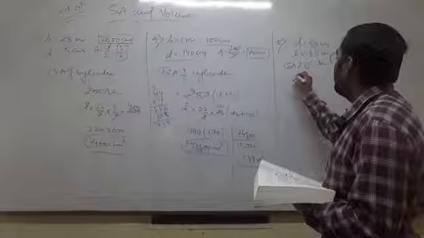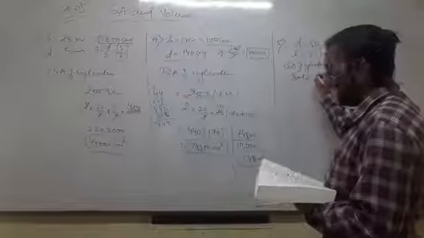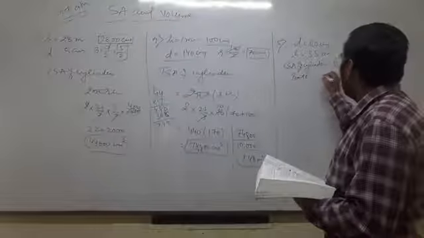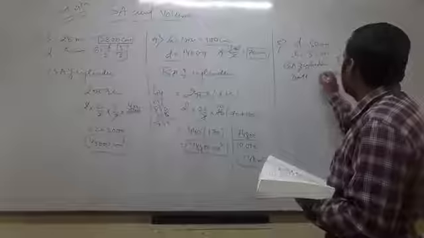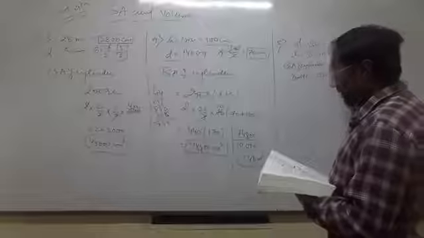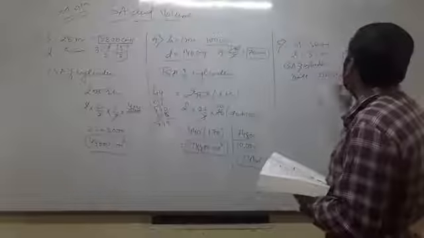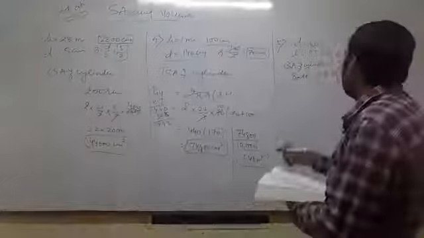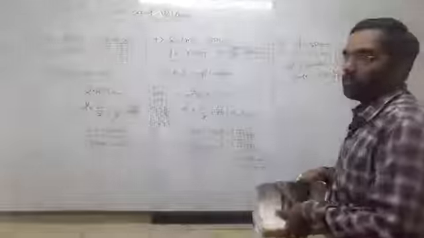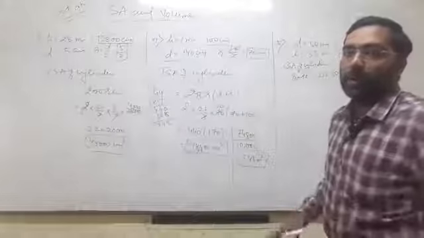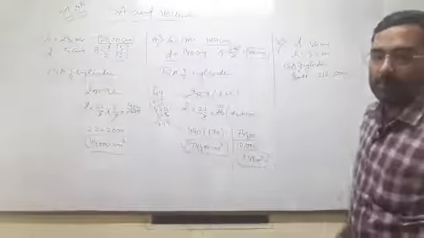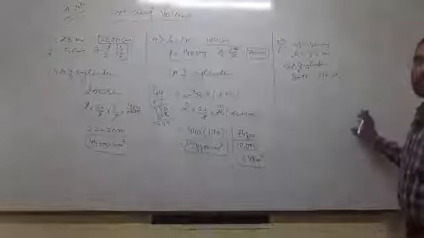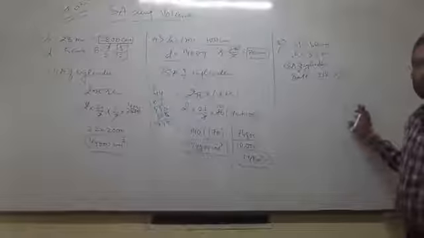The rate is also given, at the rate of 12.50 rupees per meter square. Here my cost is given per meter square, so I must find the area in meter square.